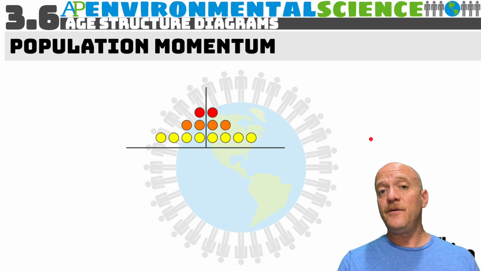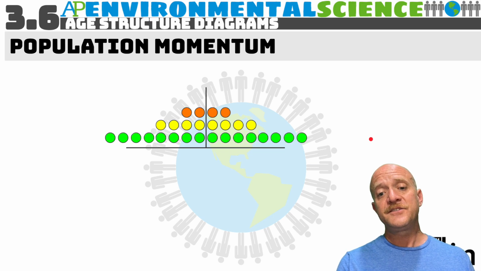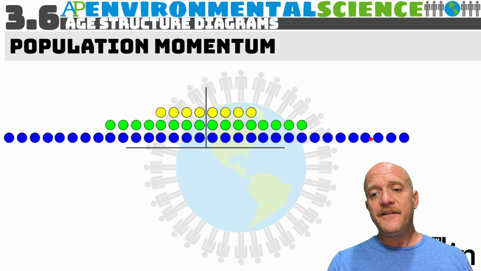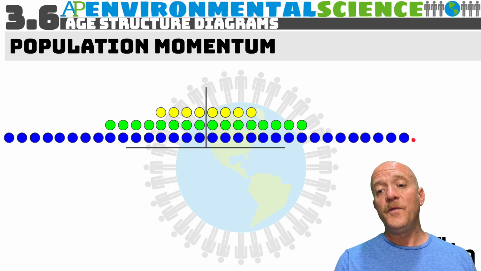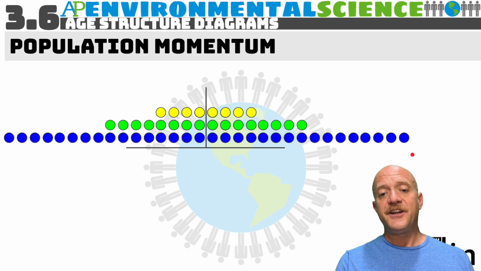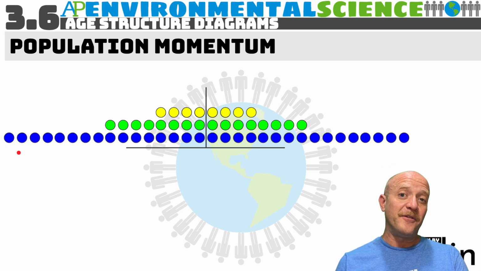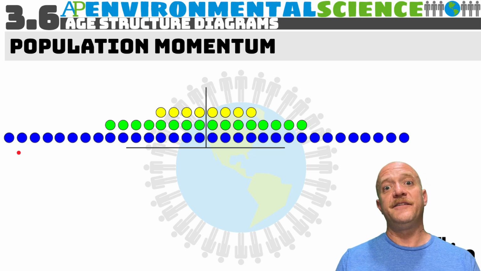And this is literally when the population is doubling every generation. So this is showing very, very rapid growth. Now, even if these individuals would have only one baby, the next generation would still be a large population. It's still going to take a few generations for them to go from doubling to just having one child each.